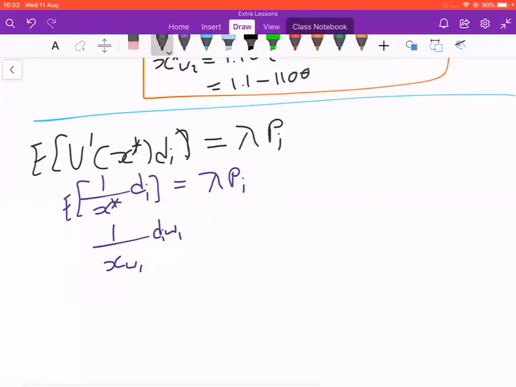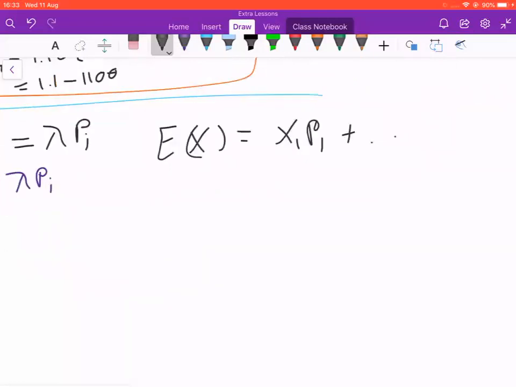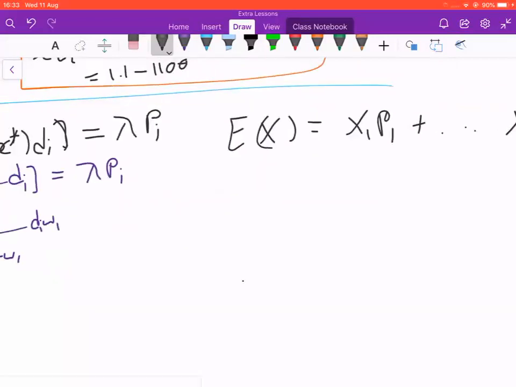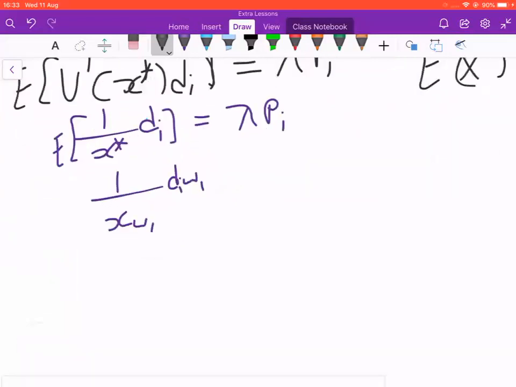Remember that the expectation of x is x times the probability for state one, all the way to x and the probability for state n. So the same thing applies here. It's just that now we are dealing with the states. You will have to multiply by the probability, right?